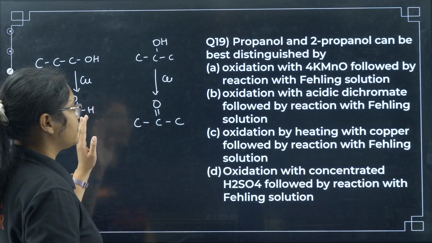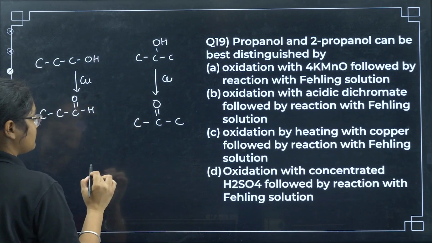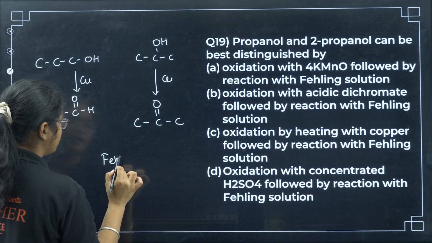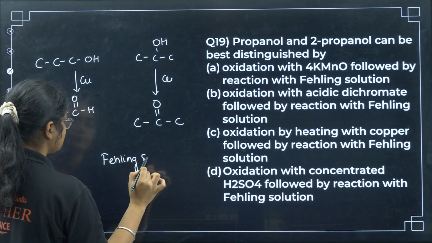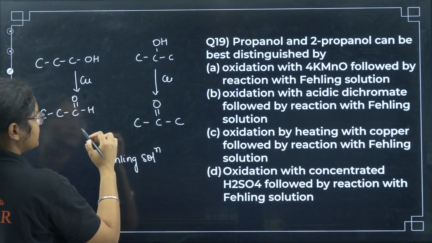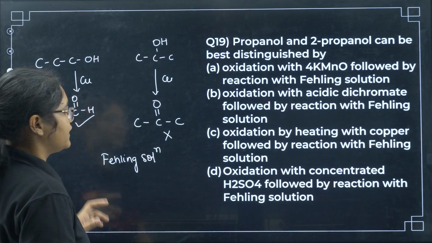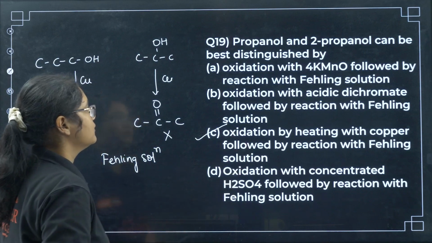Now you can see this is an aldehyde and this is a ketone. These two can be easily distinguished by Fehling solution. In Fehling solution this one will show a positive test and this one will show a negative test, so the correct answer will be option C.